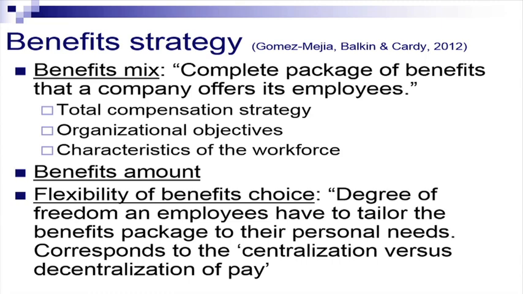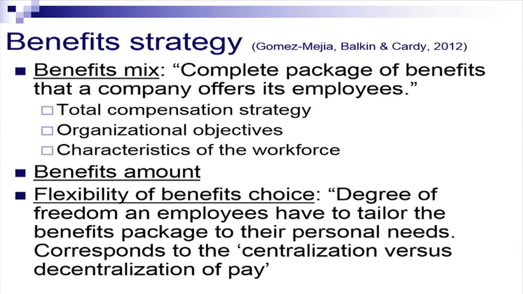These are the things that help you decide what you want to put in the benefits package, what kind of benefits you want to design. Then comes the amount. How much can the company afford to spend on benefits? Salary goes towards the operational cost, benefits go towards the operational cost. After all, we have to stay in business, we have to make profit, we have to have some surplus money in hand in order to stabilize or grow.